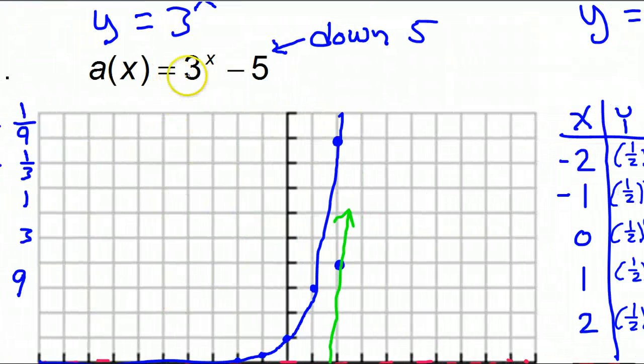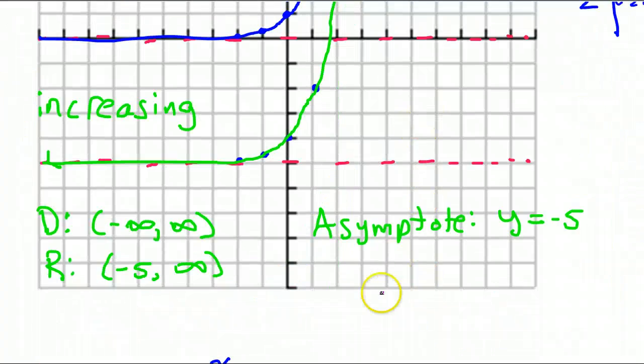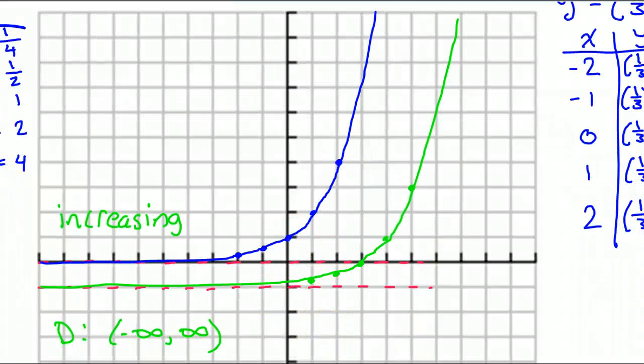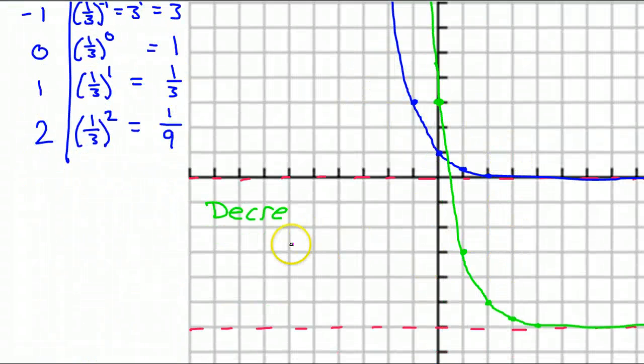If the base is bigger than 1, it's going to be increasing like this. So you see the pattern? All right. So this base of 2, that's bigger than 1, increasing. So as soon as we saw that this base here was less than 1, we knew it was going to be decreasing. All right, and both versions are decreasing.